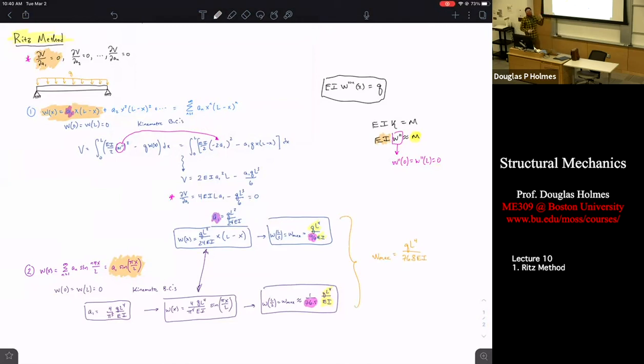The one that matches all the boundary conditions came closer. If you keep more terms, it will converge on the correct solution. The one that doesn't match all the boundary conditions is not guaranteed to converge to the right answer if you keep more terms.